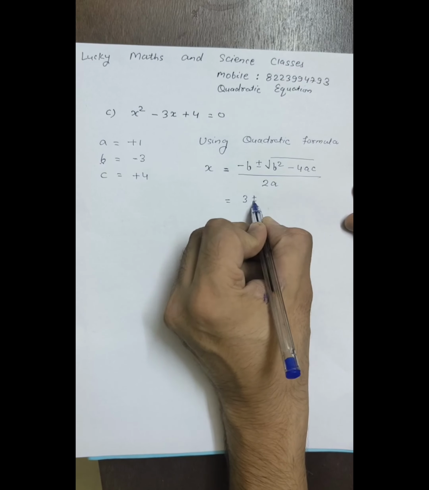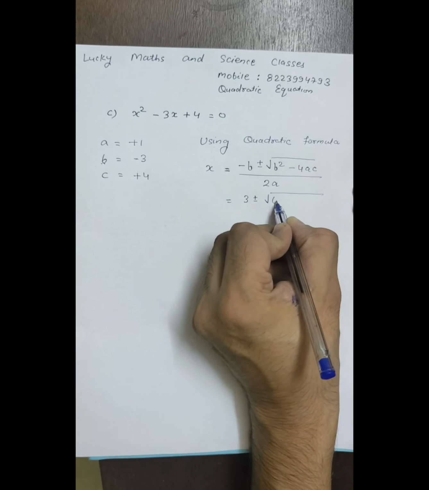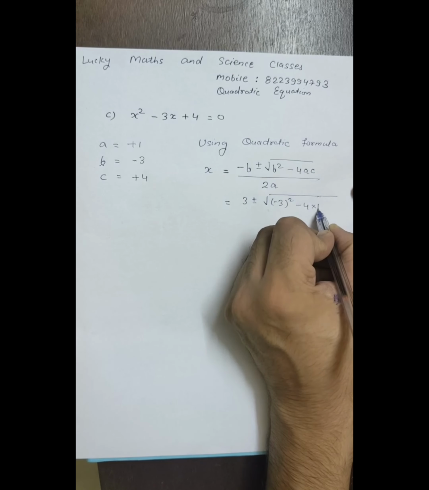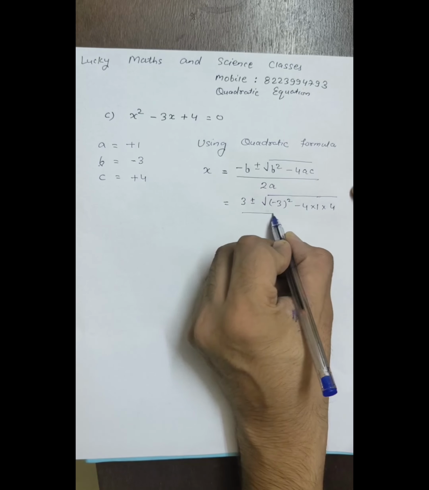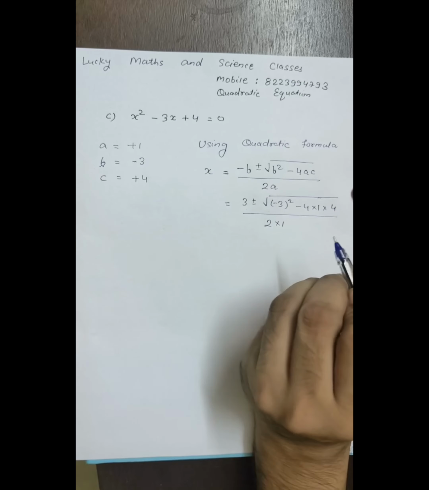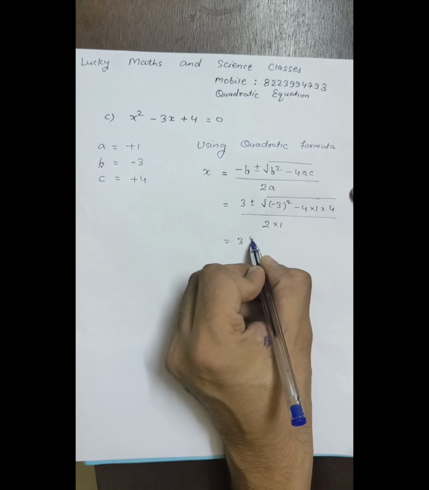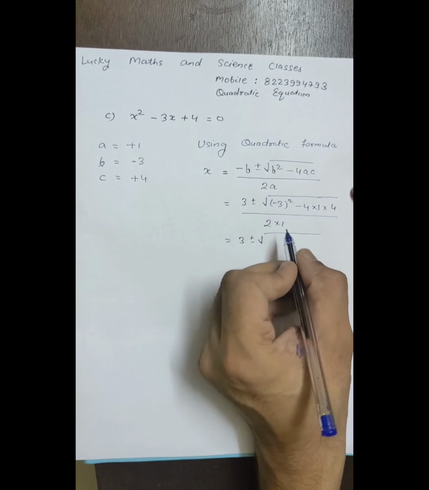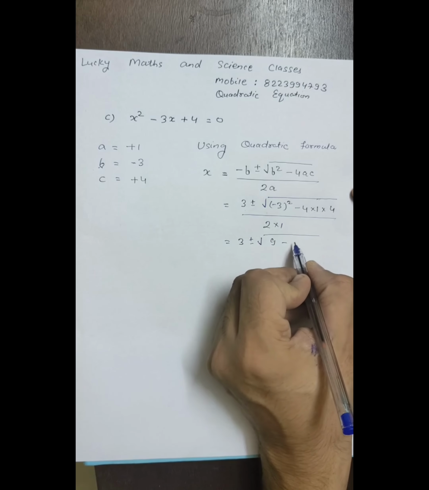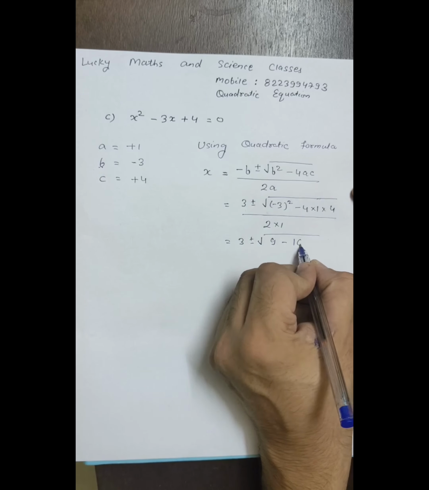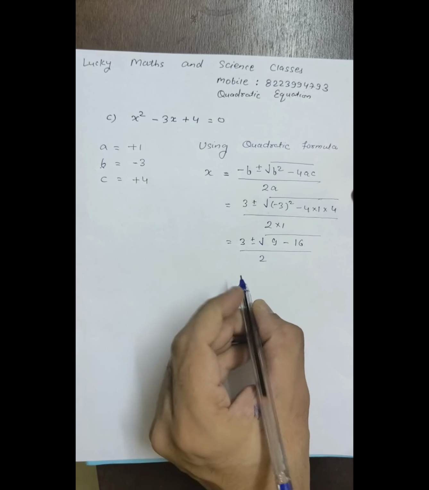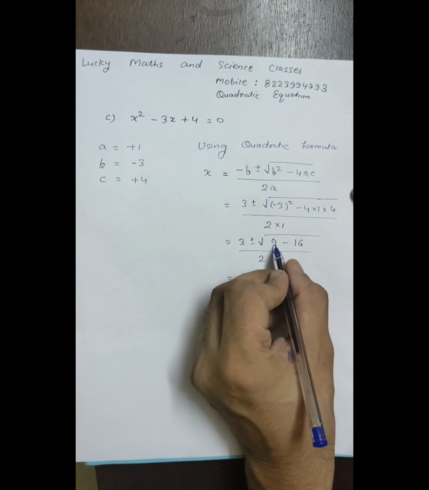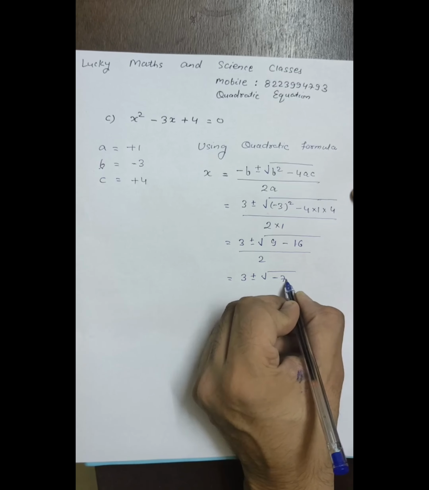So 3 plus minus square root minus 3 whole square minus 4 times 1 multiplied by 4, whole divided by 2 times 1. 3 plus minus square root, square of negative is positive, square of 3 is 9, minus 4 multiplied by 4 is 16, whole divided by 2, which is equal to 3 plus minus square root 9 minus 16 is minus 7, whole upon 2.